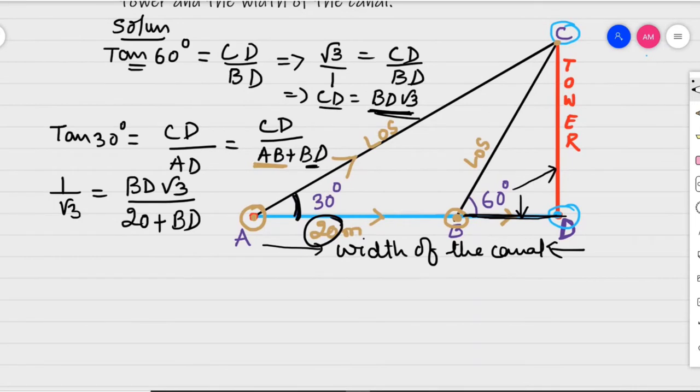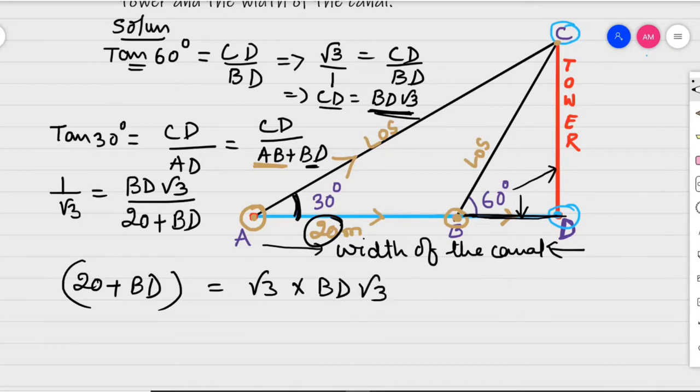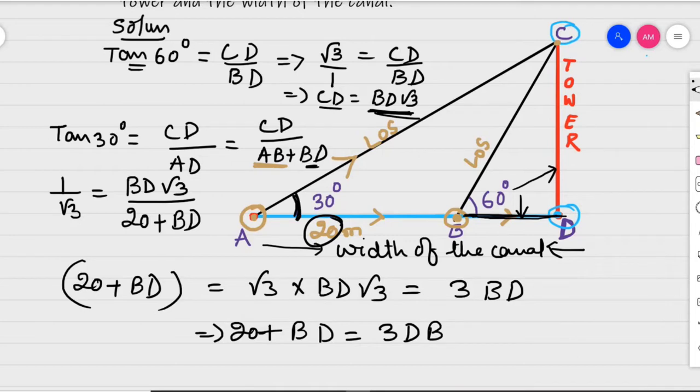Now see how will you solve this. Cross multiply, you will get 20 plus BD will be equal to root 3 into BD root 3. Now root 3 into root 3 will be 3. So you will get 3 BD, children. So 20 plus BD will be equal to 3 BD.